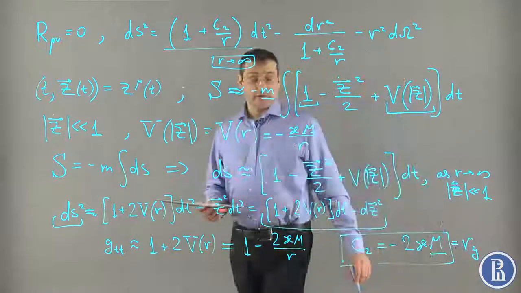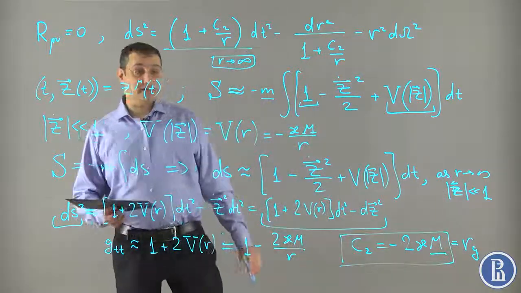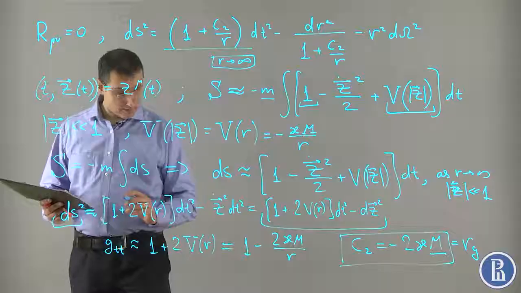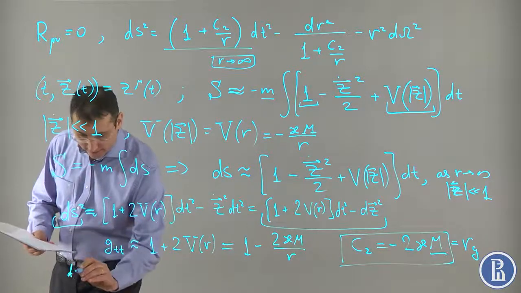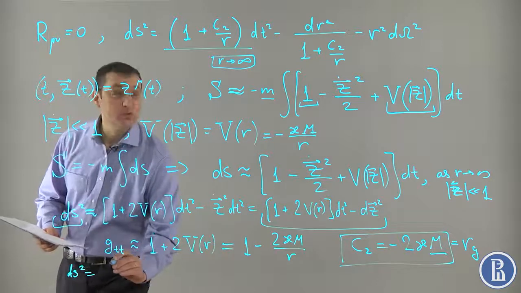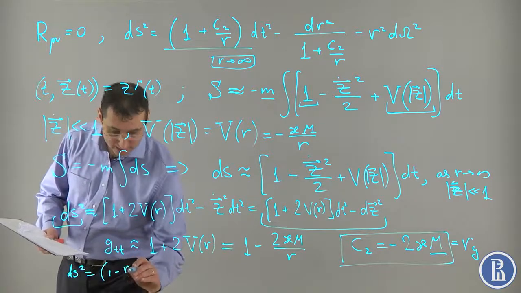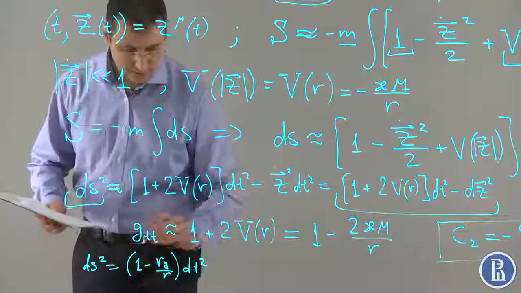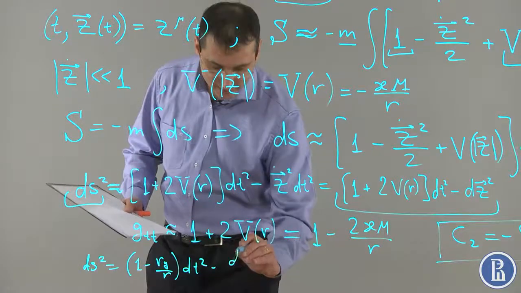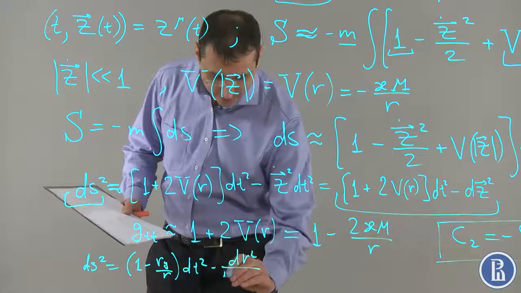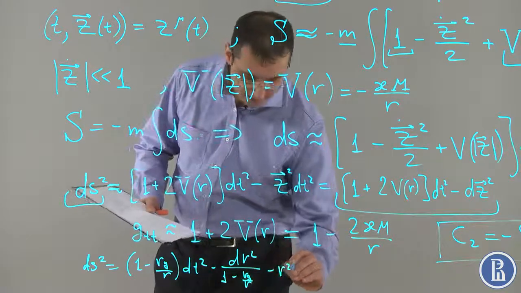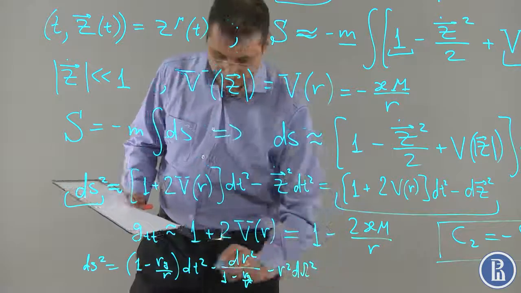Thus, the metric under consideration has the following form: ds squared is equal to (1 minus Rg divided by r) dt squared minus dr squared divided by (1 minus Rg divided by r) minus r squared d omega squared.